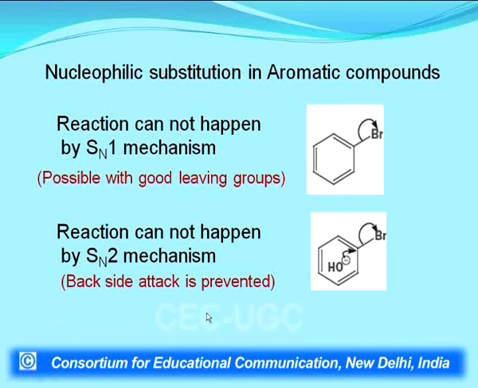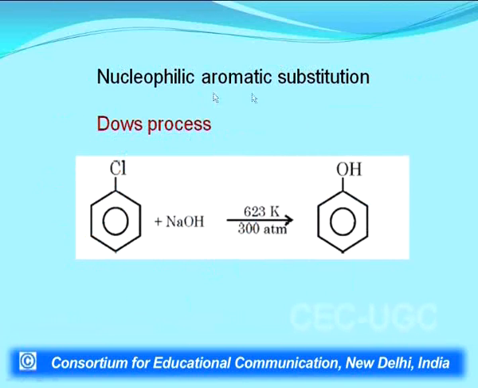Then we talk about some reactions which do occur, like chlorobenzene, it reacts with sodium hydroxide, but this requires, as I said, drastic conditions, a temperature of 623 Kelvin and a pressure of 300 atmosphere. The Cl is replaced by OH.